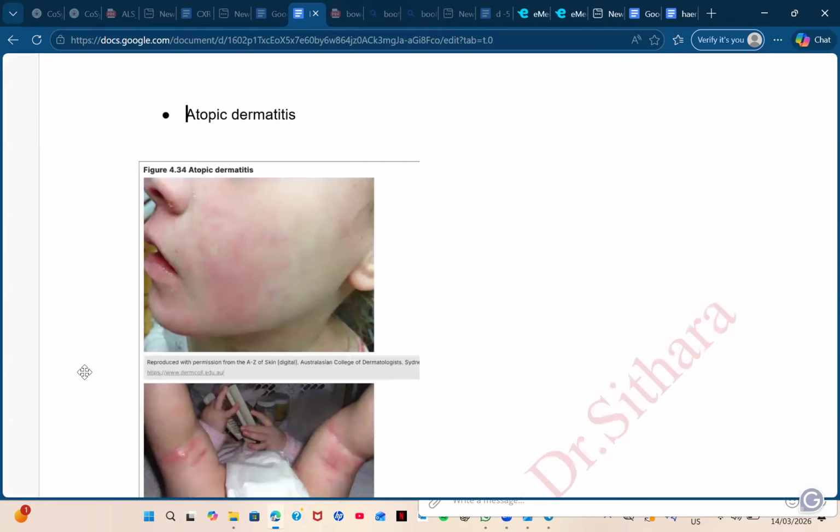How does atopic dermatitis present? Tell me, atopic dermatitis. What is the picture? What can we say? Itchy.